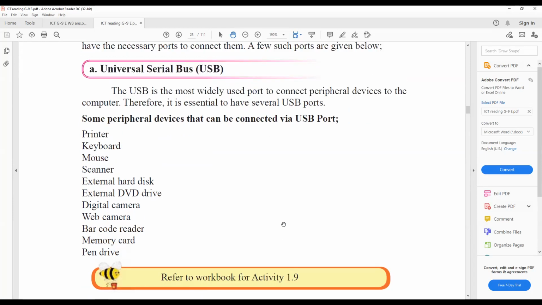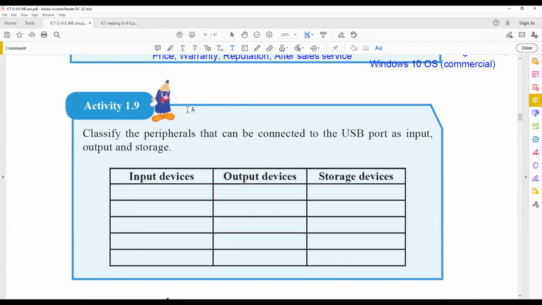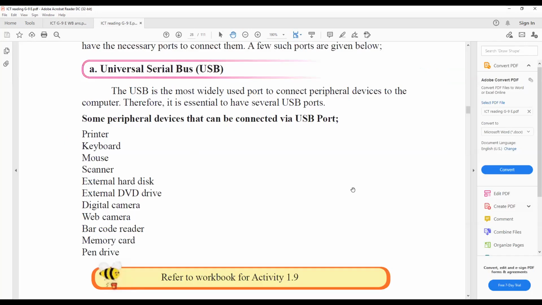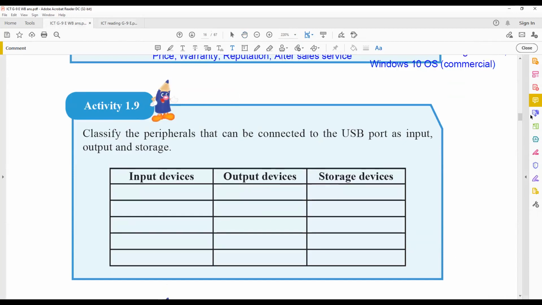Okay, so let's quickly do activity 1.9 in the workbook. So workbook, okay. Right, maybe I will show you the list. Let me take this list. Okay, classify whether each device in this list is input, output, or storage. There are many devices.